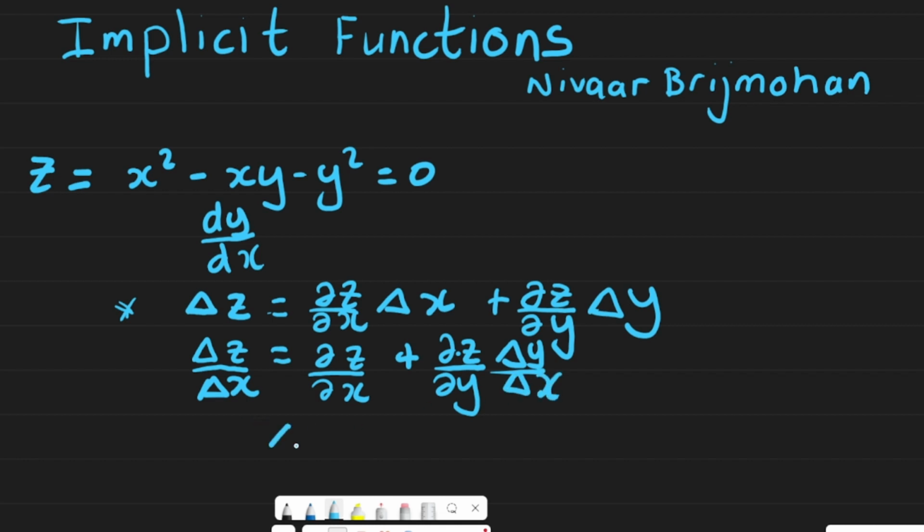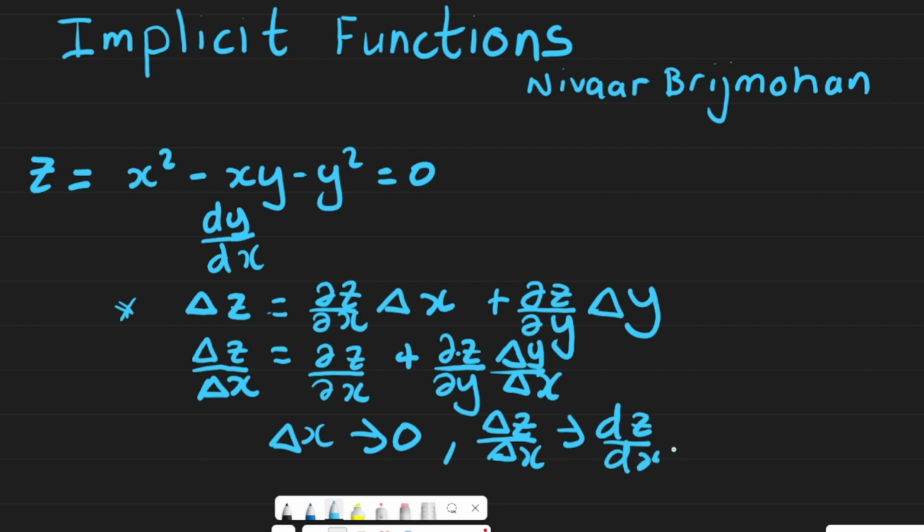So if we now let delta x approach 0, what this means is that delta z over delta x will now approach dz dx, and delta y over delta x will approach dy dx.